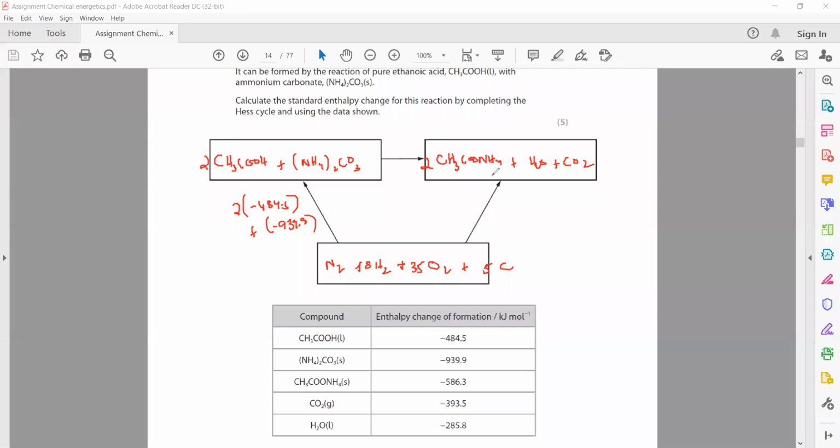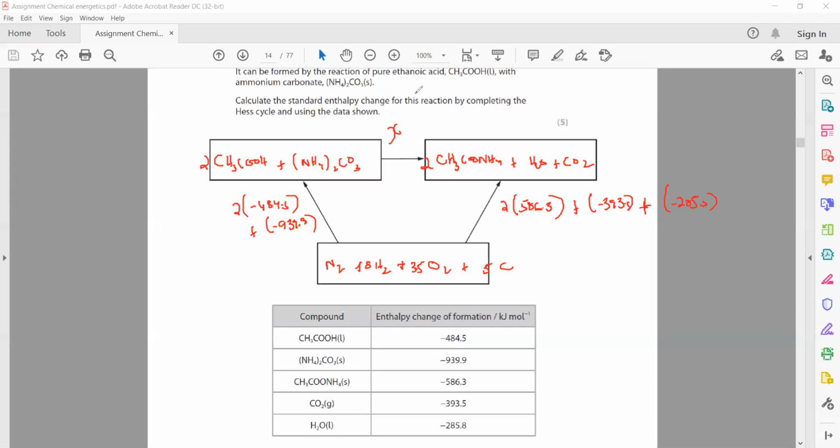Then here 2 molecules of ammonium ethanoate are produced, so this should be 2 multiplied by 586.3, plus 1 molecule of carbon dioxide is produced, that is minus 393.5, and plus 1 molecule of water is produced, that is minus 285.8, and this is what we want to find, it is unknown.